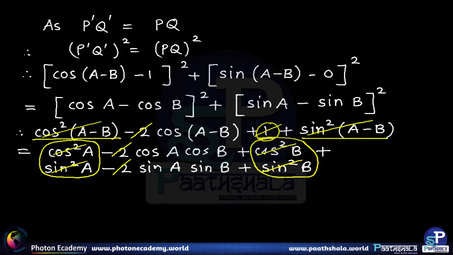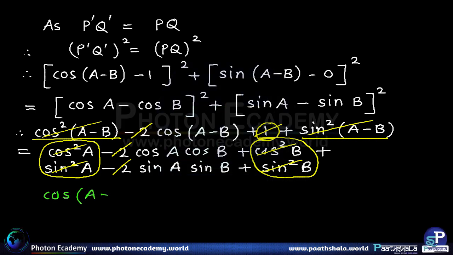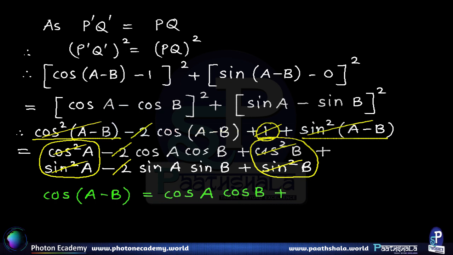So therefore finally we arrive at the result cos(A minus B) is equal to cos A into cos B. You see both the terms on the right side now will be positive after cancelling minus 2.